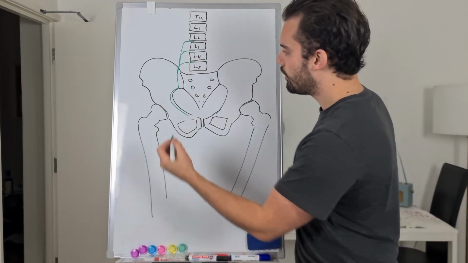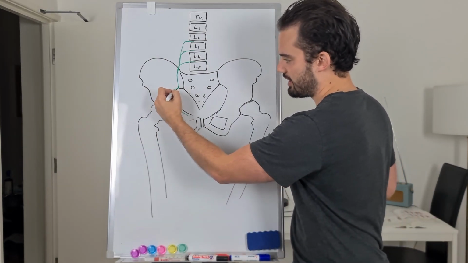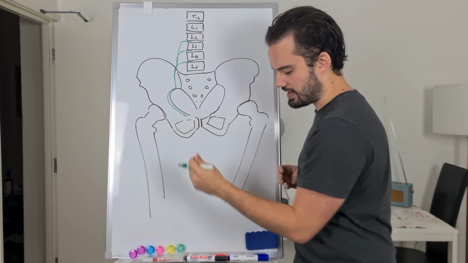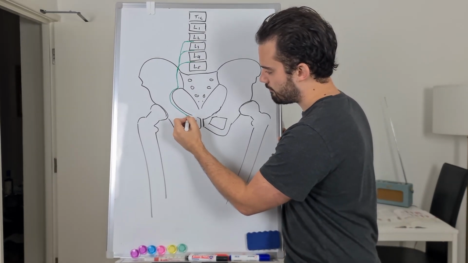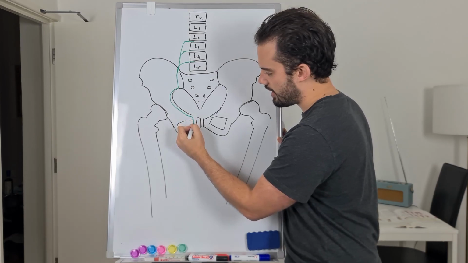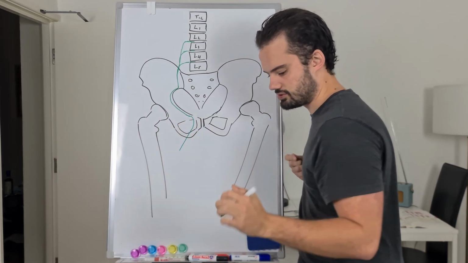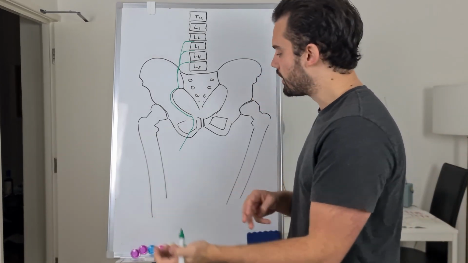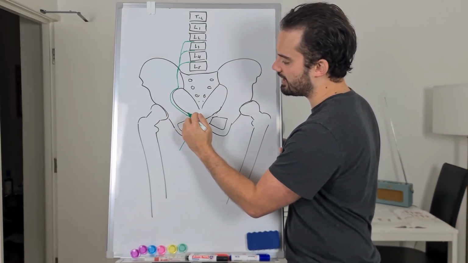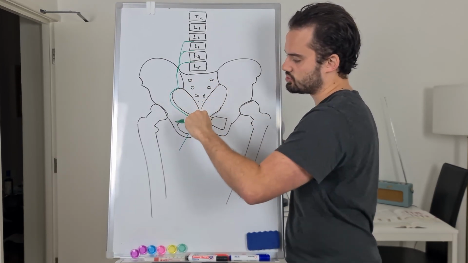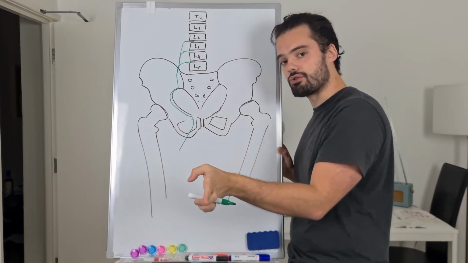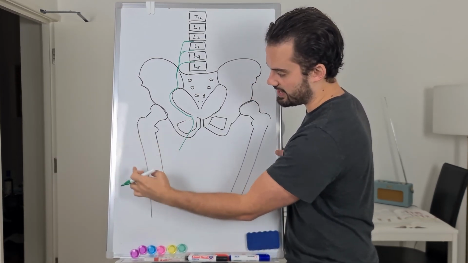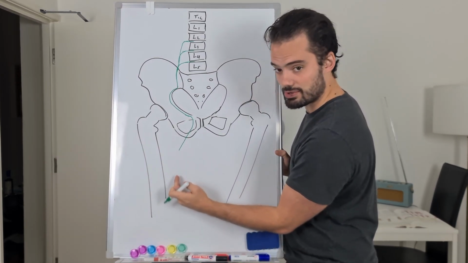And true to form, once the obturator nerve has made its way around the pelvic inlet, it will then come down and pass through. From back to front, it travels anteriorly through the obturator foramen, behind the superior pubic ramus, and then out into the medial thigh. If this is the femur, then this is going to be the medial thigh.